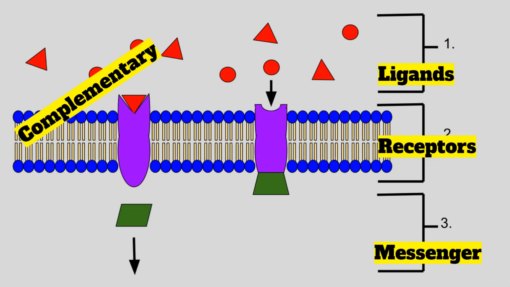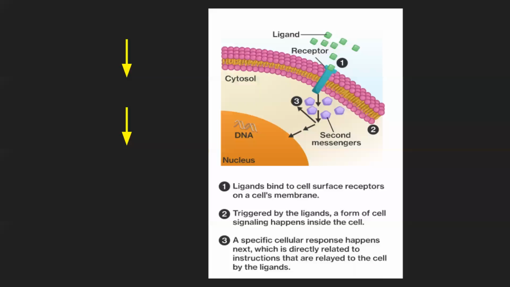So either an anabolic reaction will happen or a catabolic reaction will happen because of the signal that came in. That whole pathway is called reception, transduction of signal, and response.